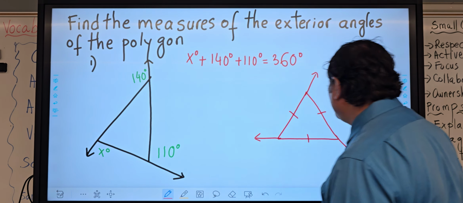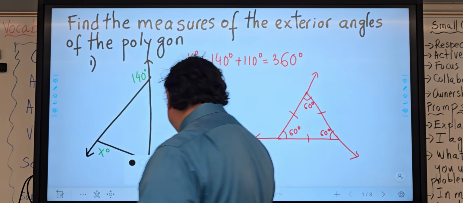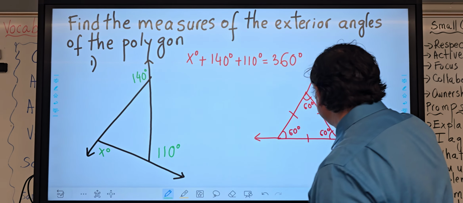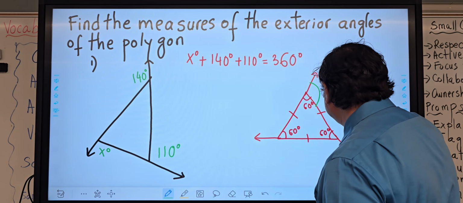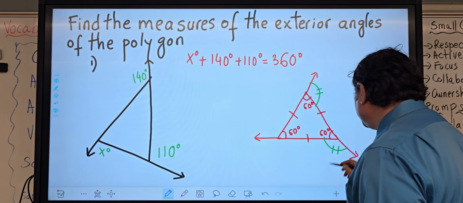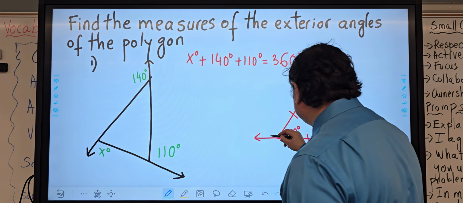Now we need to find the exterior angles. We do not know them yet, but we know that a straight line forms 180 degrees.